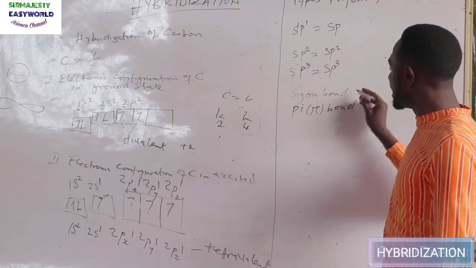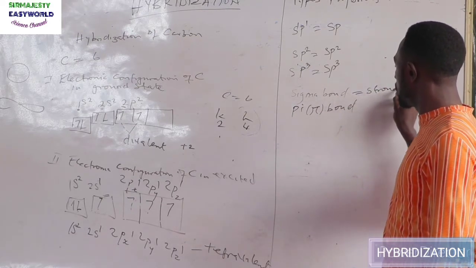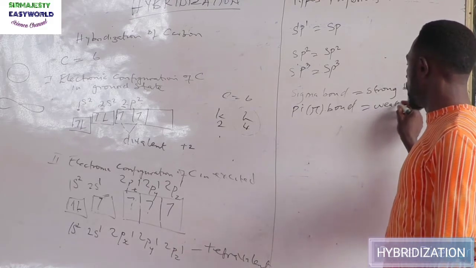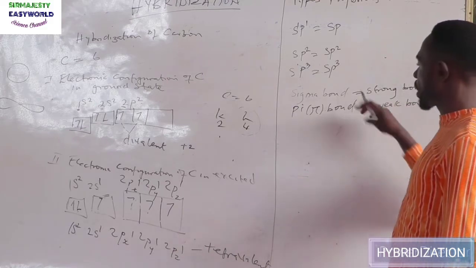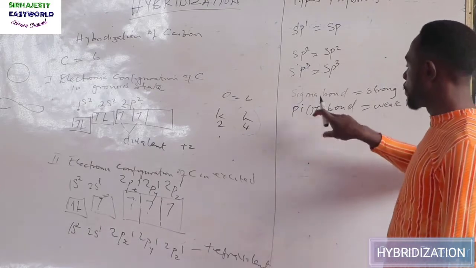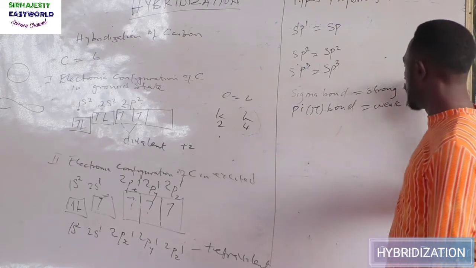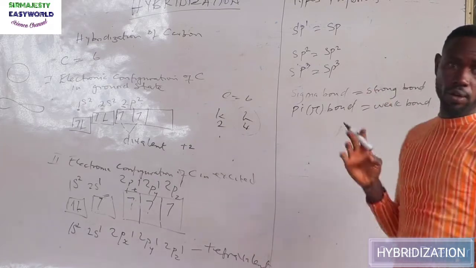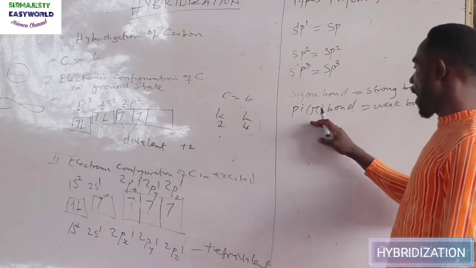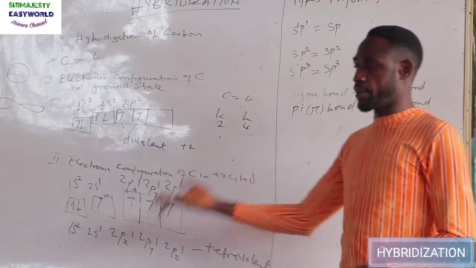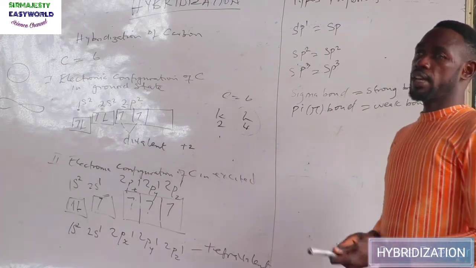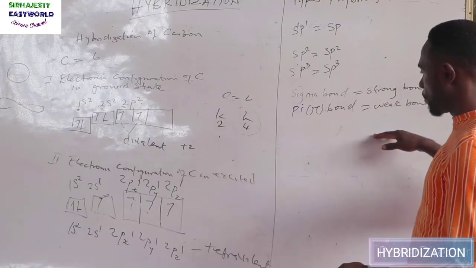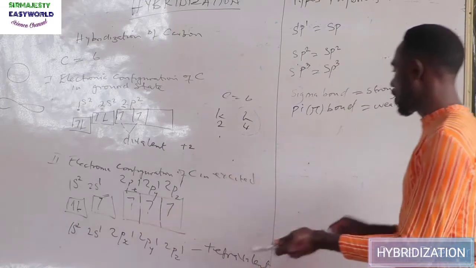Then sigma bond is a very strong bond, while pi bond is weaker than sigma bond, and it can be broken by addition reaction. Addition reaction does not break sigma bonds. I repeat, sigma bonds are formed by hybridized orbitals, while pi bonds are formed by unhybridized orbitals, or rather by the overlap of the orbitals along the axis.